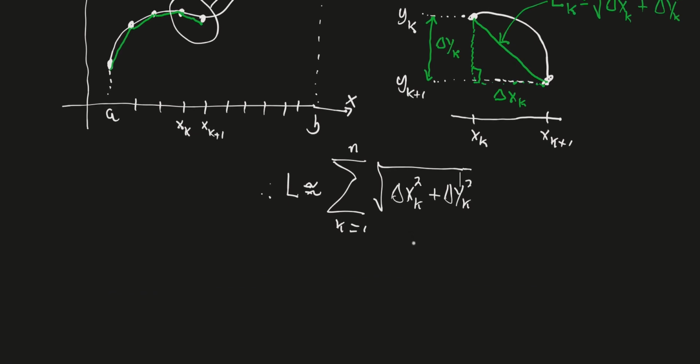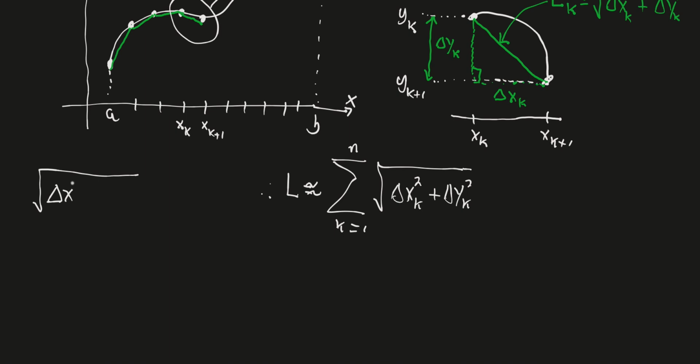So, what does this really mean in terms of a formula? What I'm going to do over here is a little bit of algebra to rewrite this square root in a slightly different form. Again, for simplicity, let me write it without the subscripts so it doesn't get too messy.